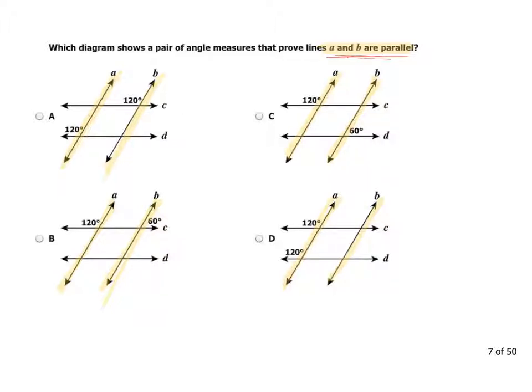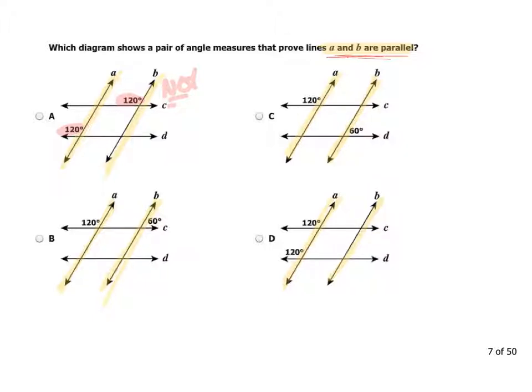So I either need to highlight C or I need to highlight D. Well, when I look at this one, number one, I have information right here on C and information right here on D. So I'm not going to be able to just highlight one line and hit those two. So this one is not it.